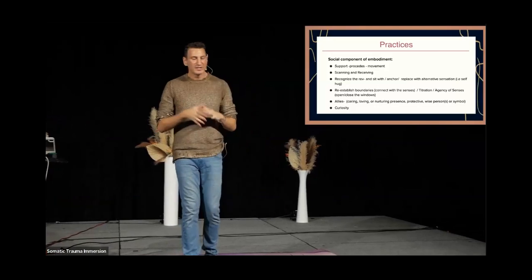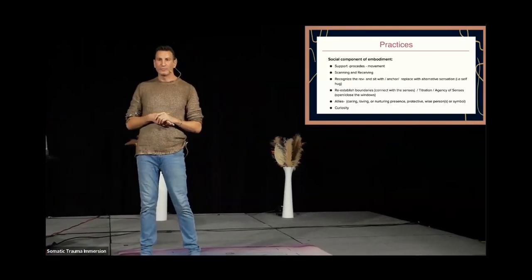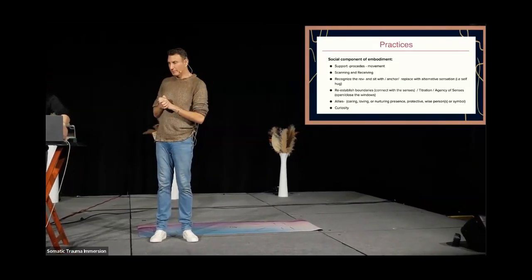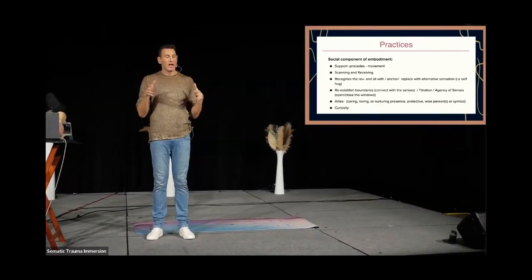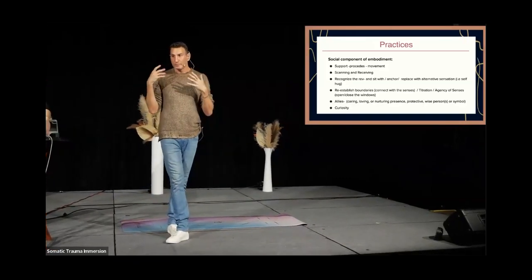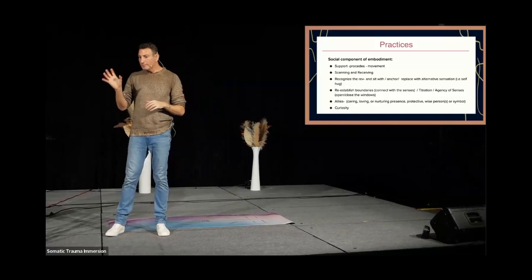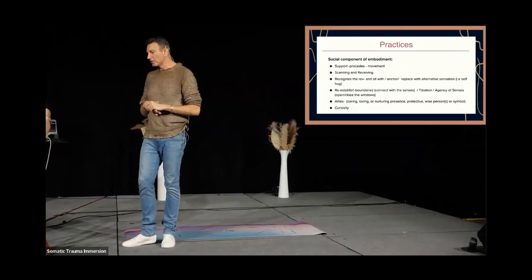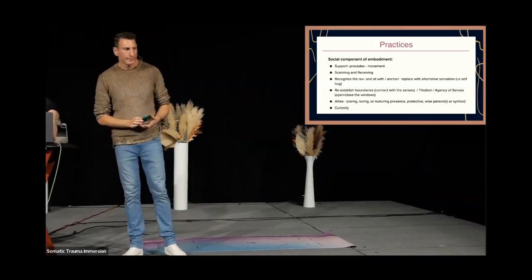Okay, so this is a simple one in relationship to any sensory system, any exteroreceptor, our senses. You know, scanning and receiving. So go ahead and pick something up, anything you want that might have color to it.